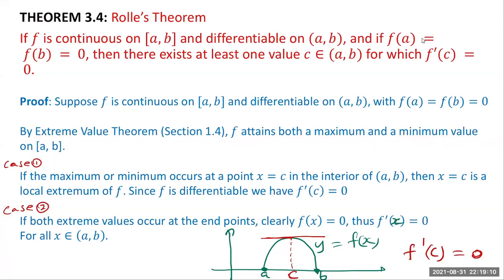Now I'm going to consider two cases. Case one is if my local maximum or local minimum occurs at a point x equal to c in the interior of a and b. Interior of a and b means c is strictly between a and b.